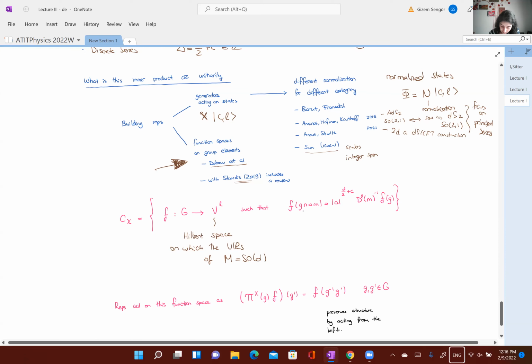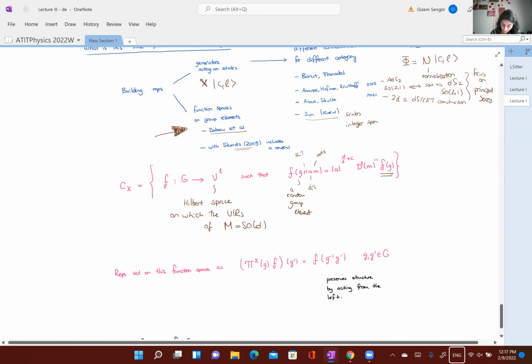If you take a group element and compose it with an element from special conformal transformations, dilatations, and rotations, the function has to come back to the function of the element of interest, scaled like this with these extra factors in front. This is called a covariance condition.